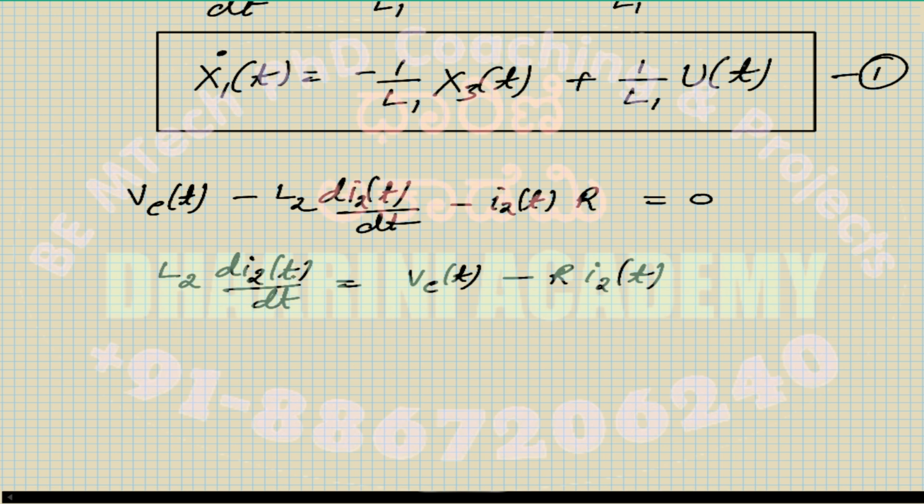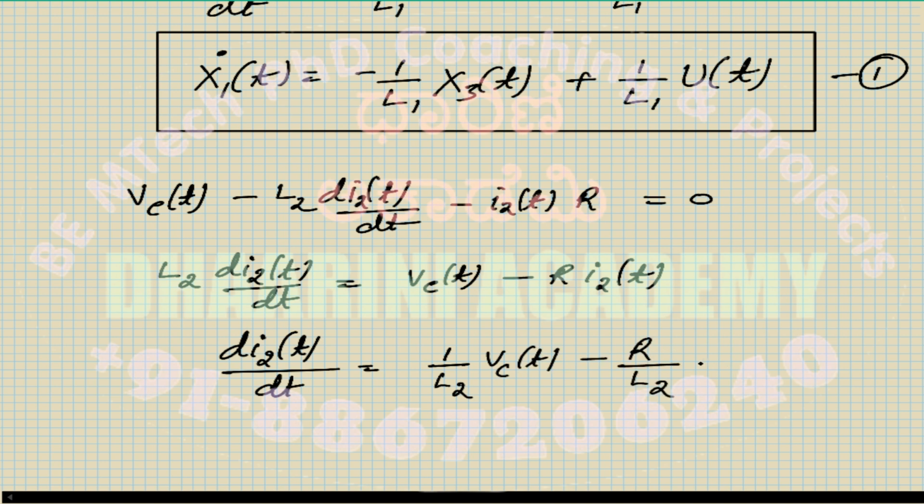Now I just want di2 by dt, so dividing by L2, di2 of t by dt equals 1 by L2 into Vc of t minus R by L2 into I2 of t.